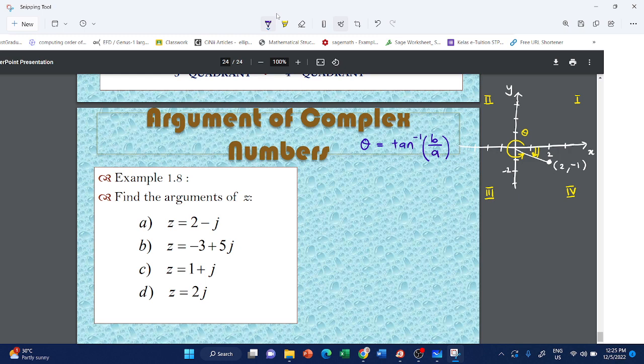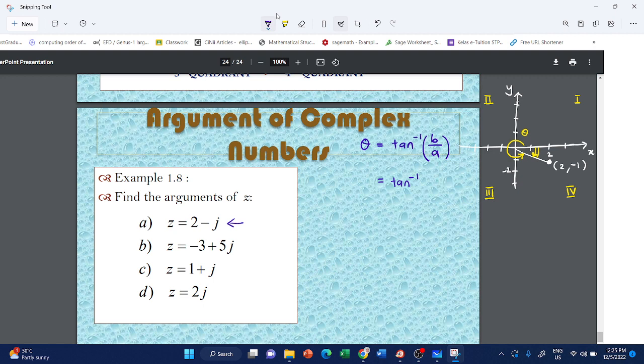Okay, so for A earlier, if we calculate using this formula of theta, inverse tangent B over A, we will calculate something like this. For the first A here, your B is negative 1, your A is 2. Right?